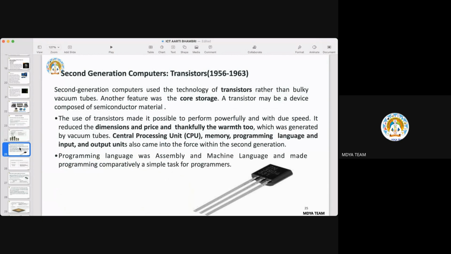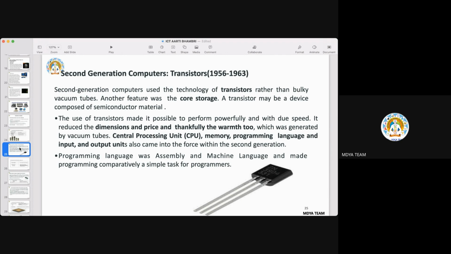The second generation, the time will be 1956 to 63. So just remember 40s to 50s, 50s to 60s. Now, in the second generation, the main device was the transistor, which is the switching device, diodes and transistors, rather than the vacuum tubes, which are very large.